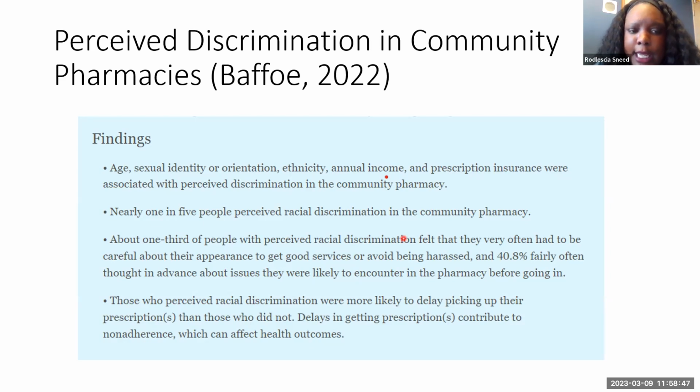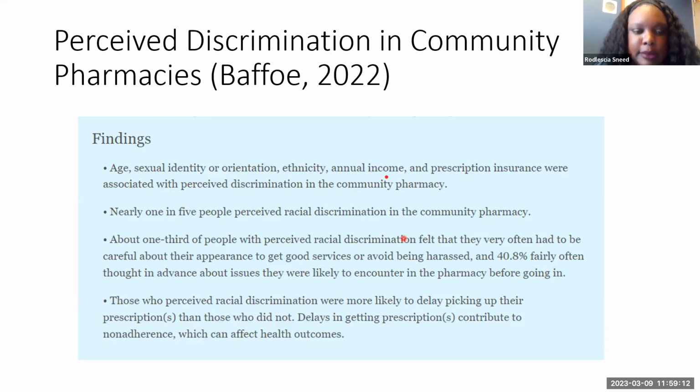And they found that age, sexual identity or orientation, ethnicity, annual income, and insurance were all associated with perceived discrimination in the community. And what was really important is that when they looked at these data, a large number of people reported that they had experienced racial discrimination while being in community pharmacies.